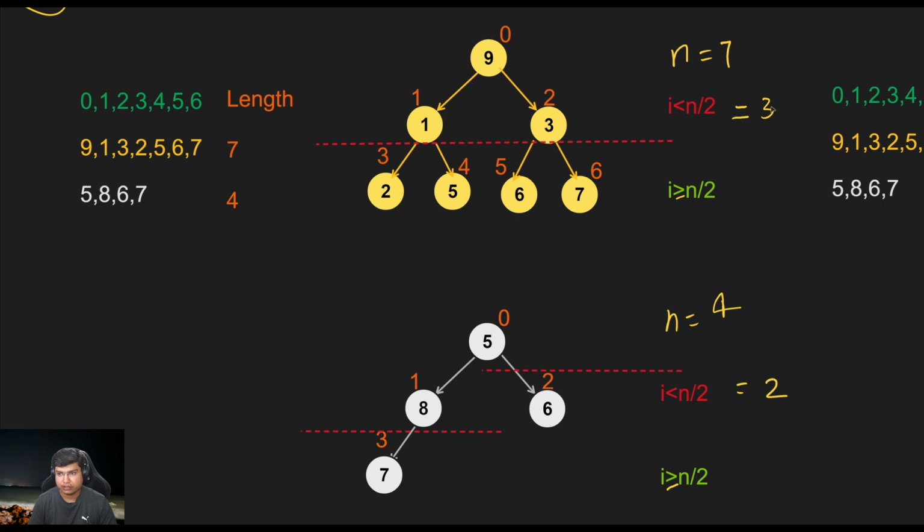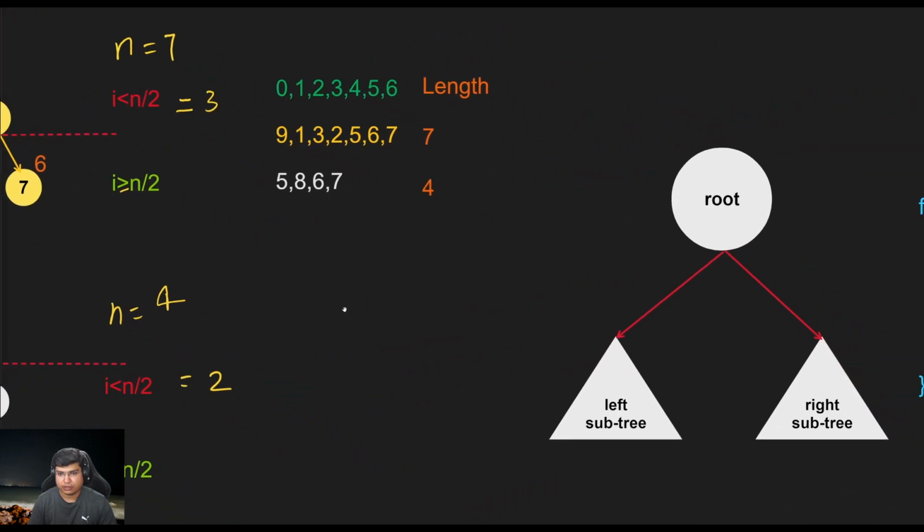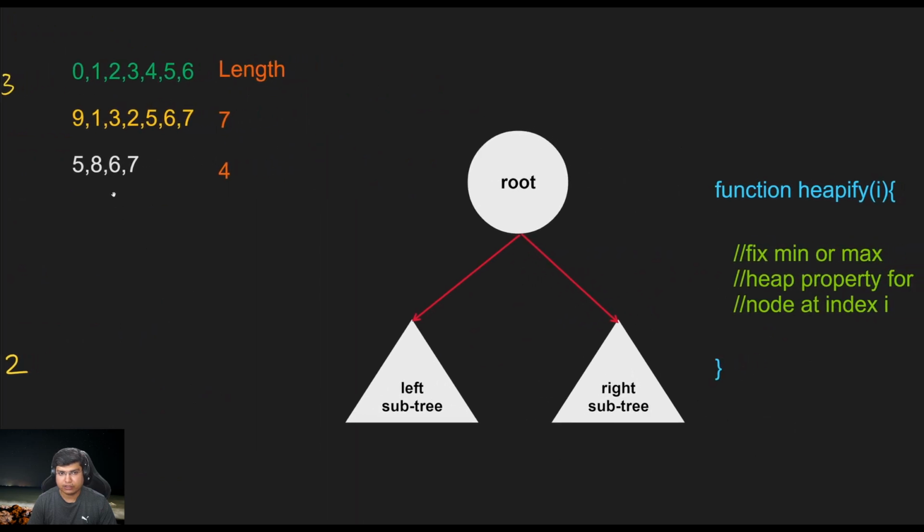In this case n by 2 is 3, in this case n by 2 is 2, so it has to start from less than 3, which is 2, index number 2. If we have to convert our first array into a valid max heap, we will start from index number 2, and then we will call the heapify function, which will try to fix the position of the root node represented at index i.